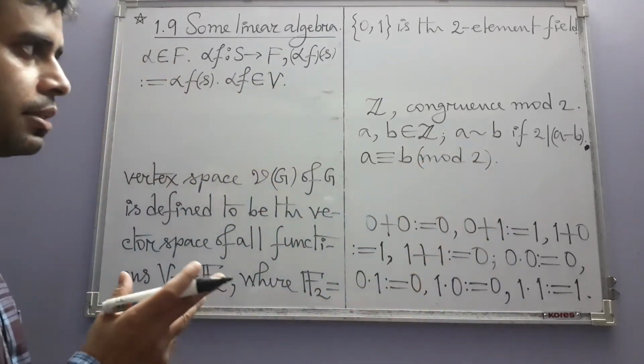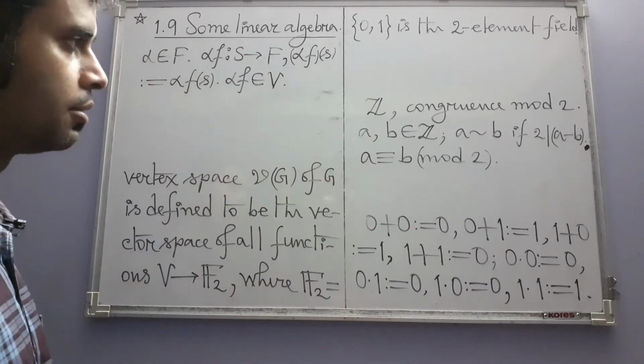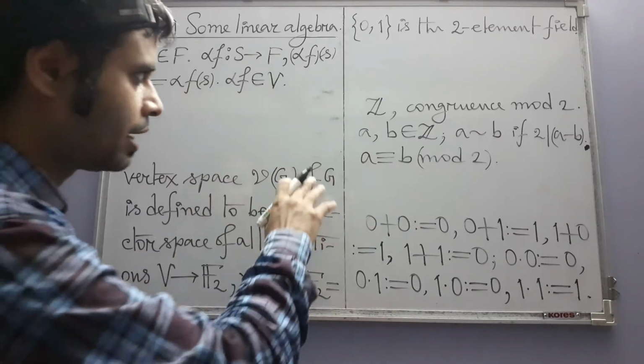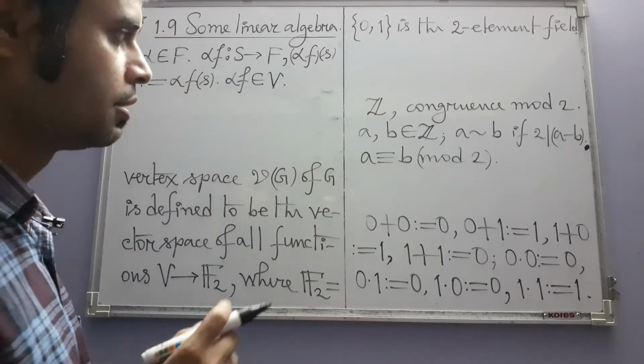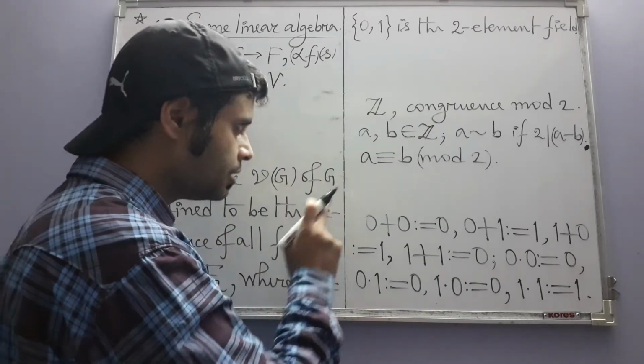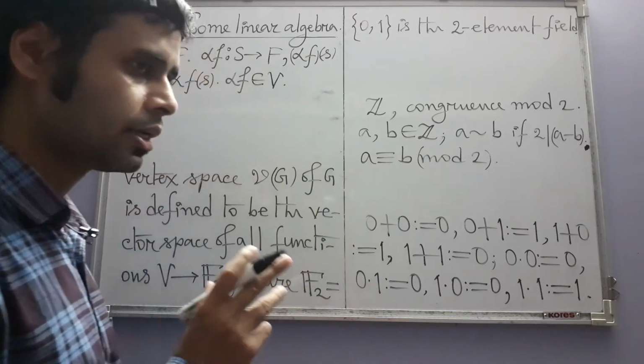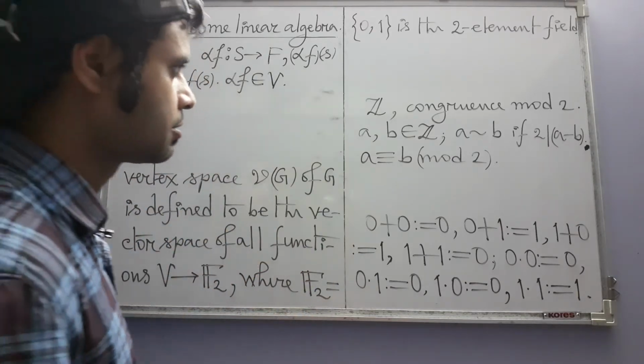It turns out that this is an equivalence relation, and it partitions the set of integers into disjoint equivalence classes. Now, it turns out that in this case, for this particular relation, there are only two equivalence classes.